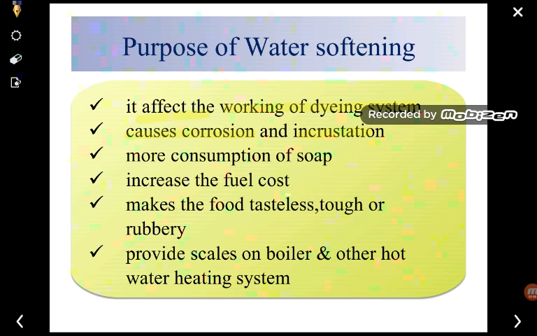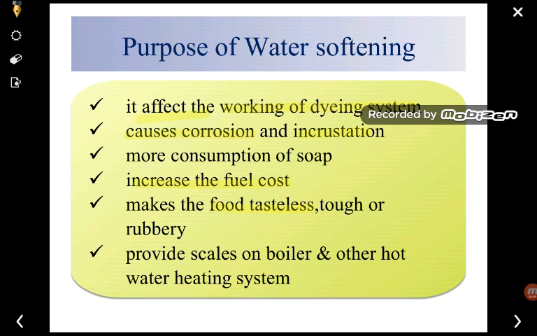Sometimes there is more consumption of soap. This hard water consumes more soap in laundry work, and hence proves to be uneconomical for the washing process of the textile industry. And sometimes it increases the fuel cost also. Sometimes the use of this hard water makes the food tasteless.